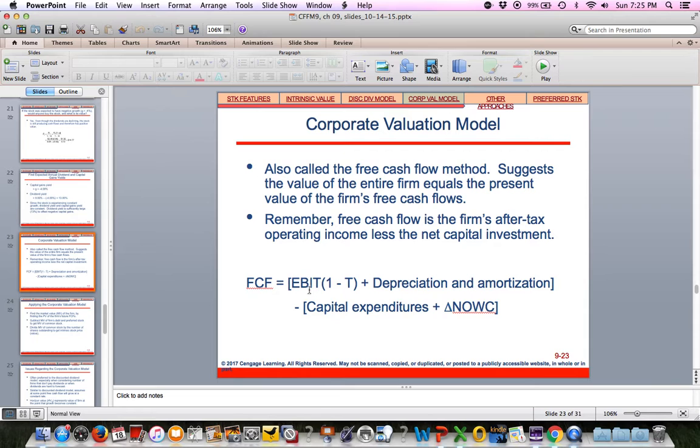So my EBIT would include a reduction by depreciation and amortization, but we add those back because they do not represent cash. And then we subtract capital expenditures plus whatever change, so the delta triangle means change in net operating working capital. Okay, so that's how we compute that formula. So the free cash flow method is normally just plugging in some of these numbers, which is what you'll be seeing when you do the Aplia problems.